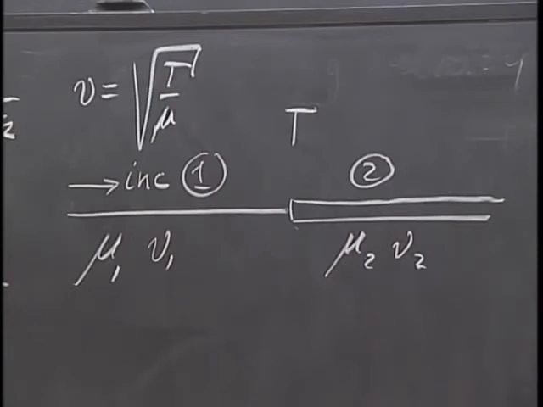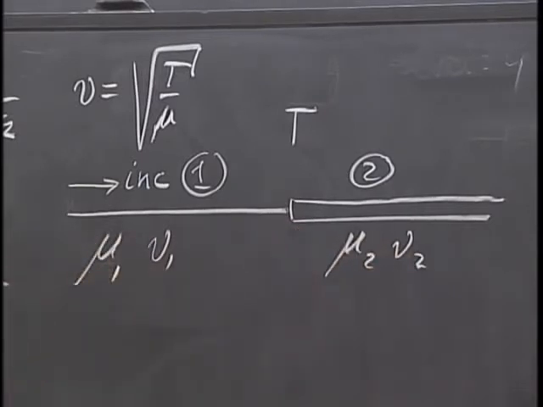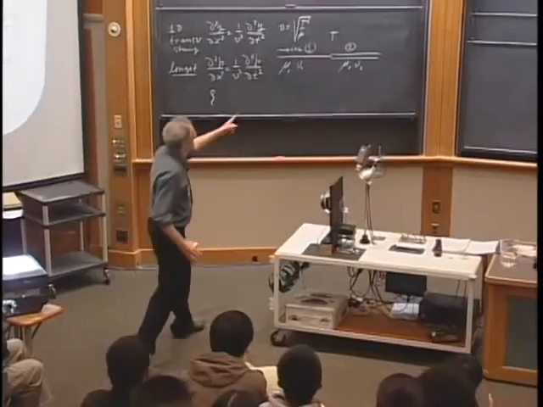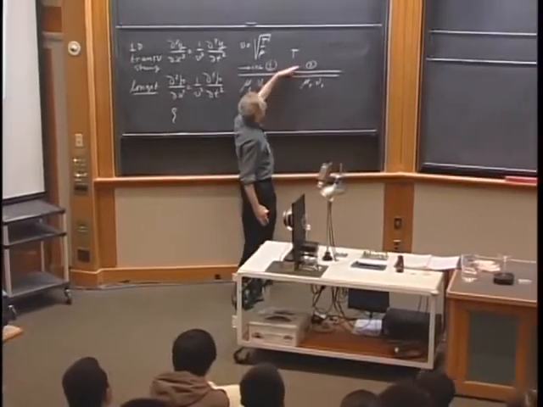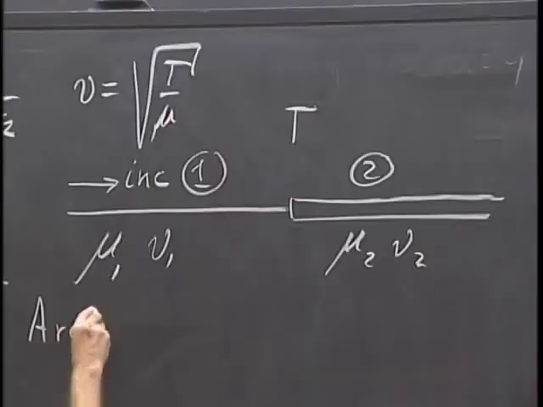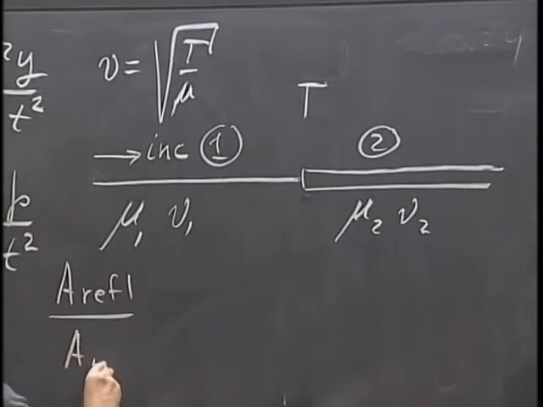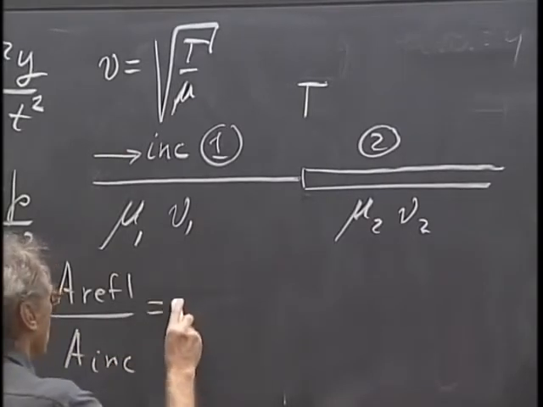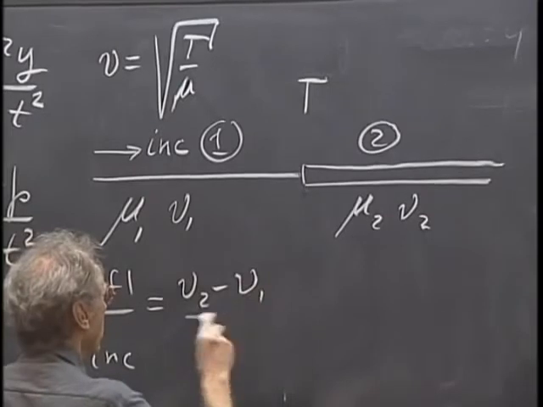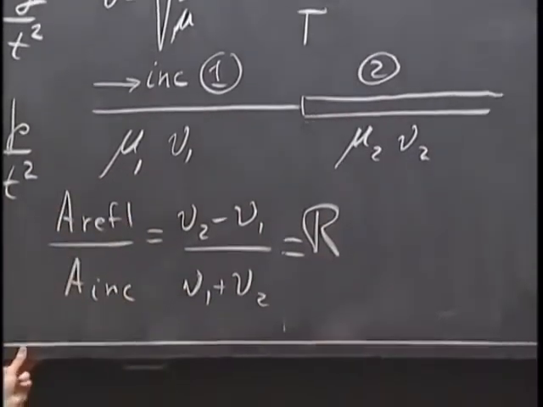We always derived that. And then we found, by using the boundary conditions at the junction, namely that the string is not breaking, and that dy/dx on the left side is the same as dy/dx on the right side, that the amplitude of the reflected wave, and the same would hold for a pulse, divided by the amplitude of the incident wave, was (v2 minus v1) divided by (v1 plus v2), and I called that R, reflectivity.